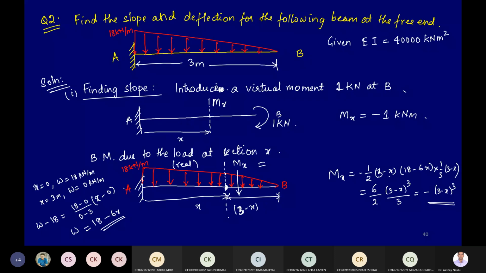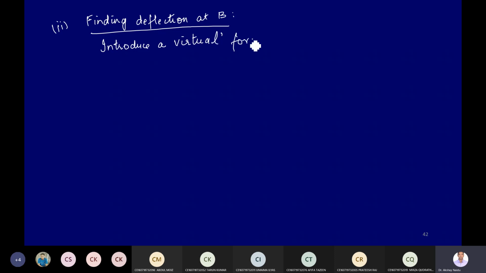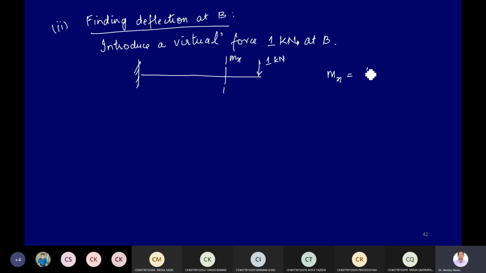Finding deflection at B. Introduce a virtual force, so small mx will be 1 times L minus x.